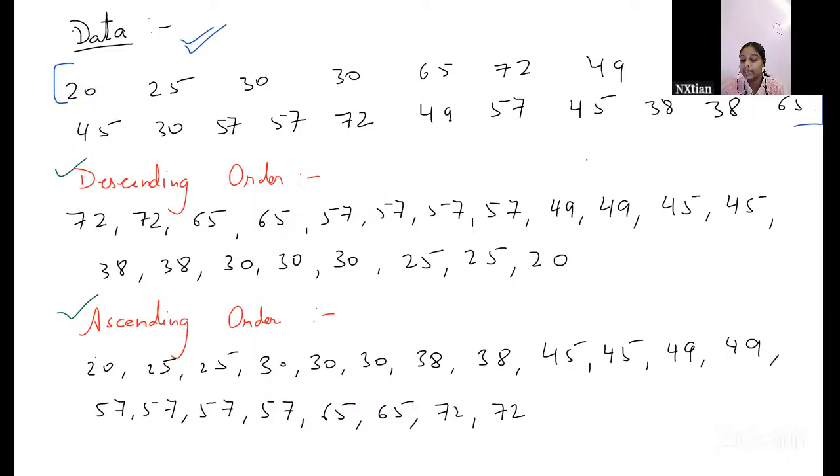Yes, write down the raw data, that is 20, 25, 30, 65, 92, 49, the top part. Then ascending and descending also you have to write. Please write this down because it's a part of the data presentation. Then we will do the frequency table.